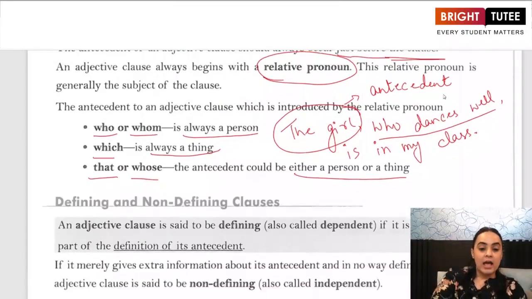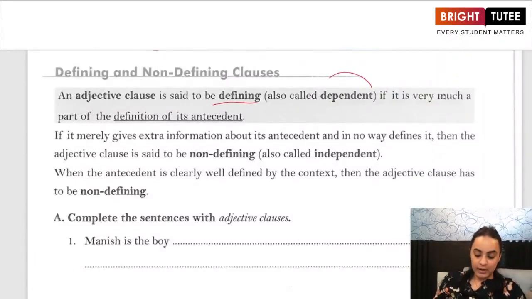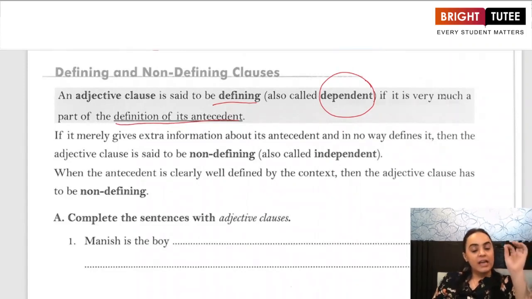Now, an adjective clause is said to be defining if it is part of the definition of its antecedent. If my adjective clause is a part of the definition of my antecedent, it is known as a defining clause.